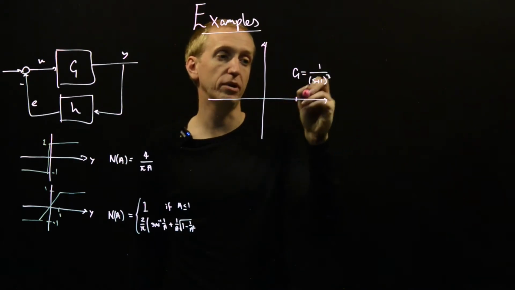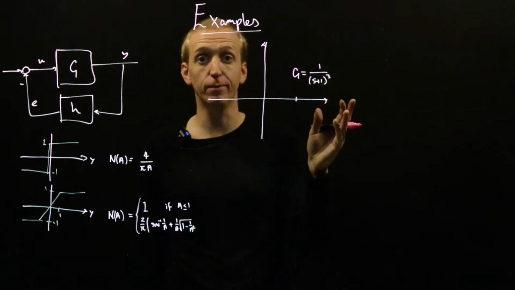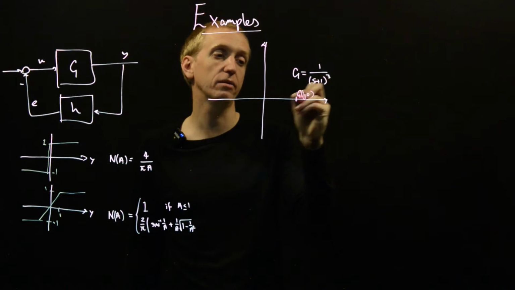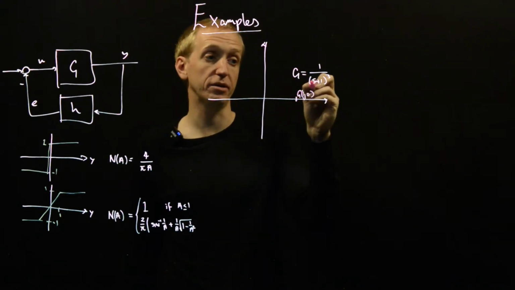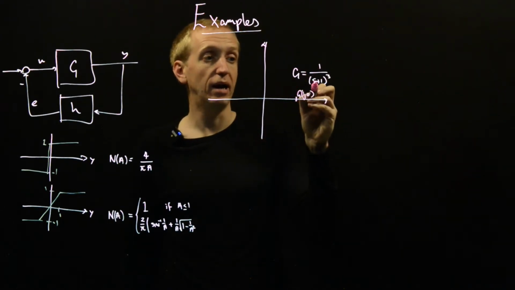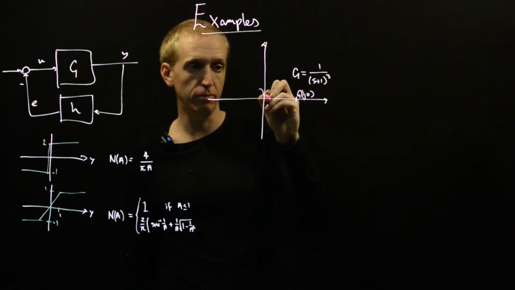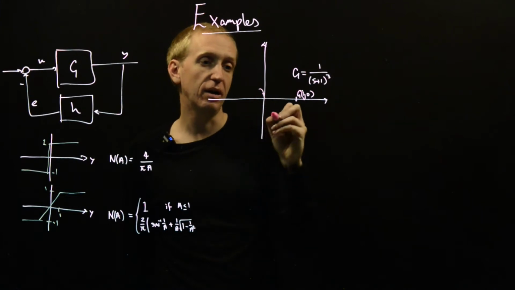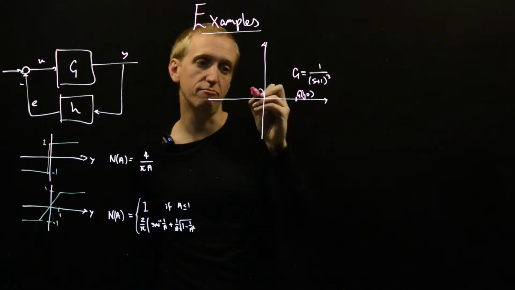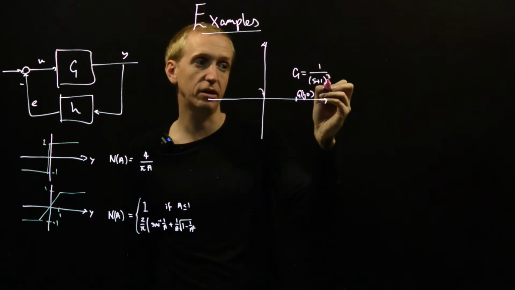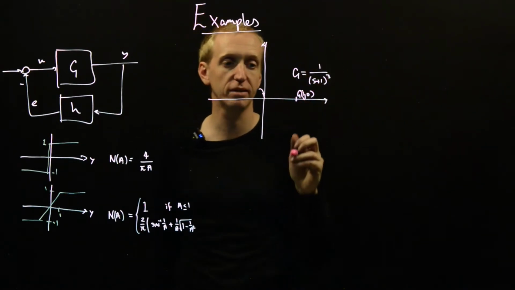Well, if we put in s equal to j omega and omega equal to 0, so we look at G of j0, well, the size is just 1. As we send omega to infinity, we come into the origin, and we come in at an angle of -270 degrees, and that's because the denominator's got a cube in it, and we've got nothing in the numerator.